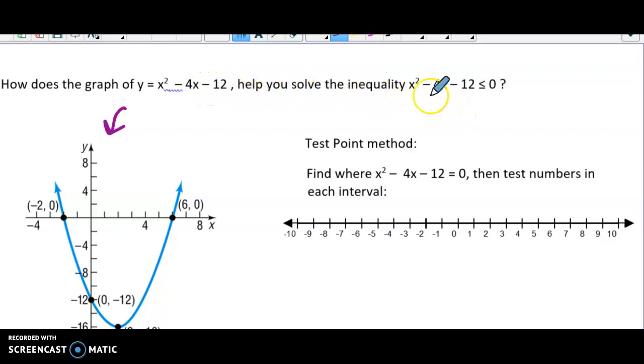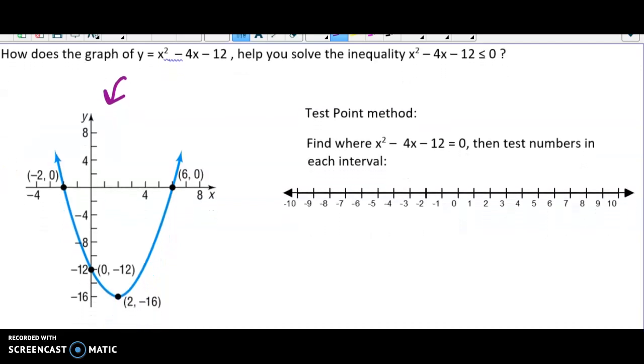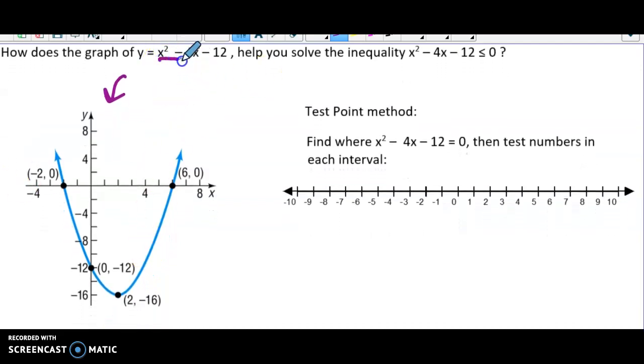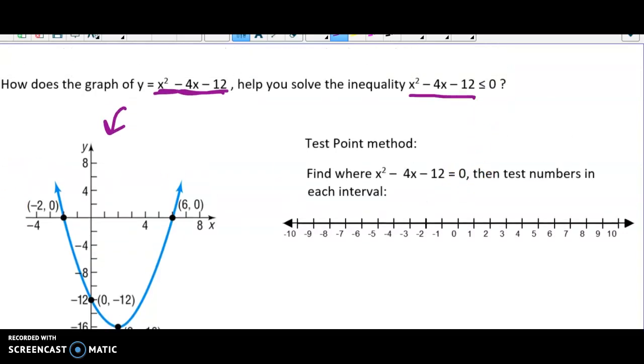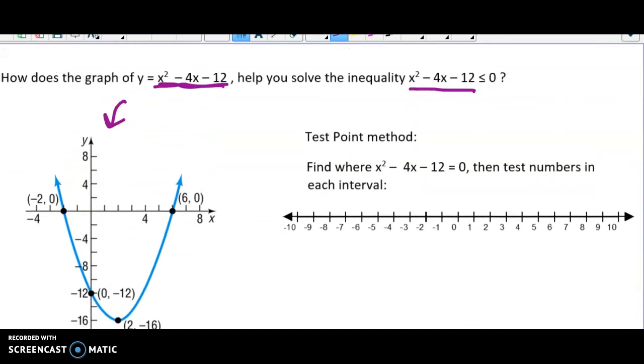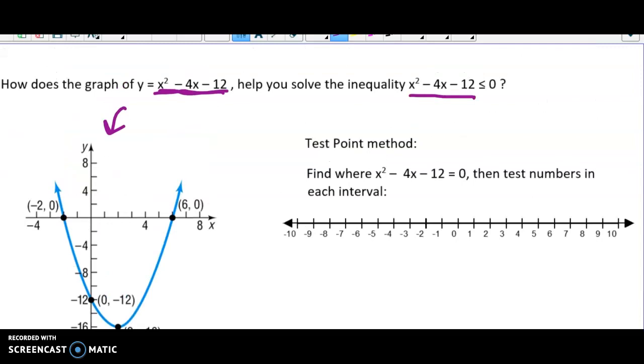How can that graph help me know where x squared minus 4x minus 12 is less than or equal to 0? When I look at the graph of y equals this, and they're asking me where this is less than or equal to 0, it looks like my y coordinates are less than 0 from the time x is negative 2 until the time x is 6.